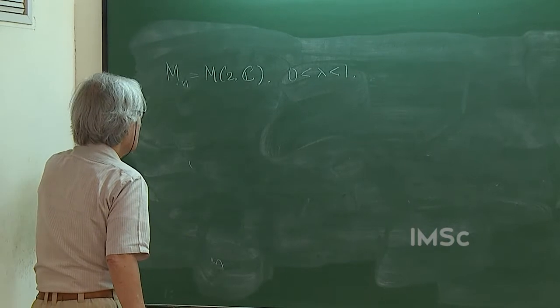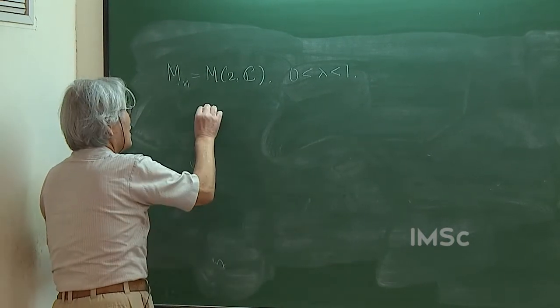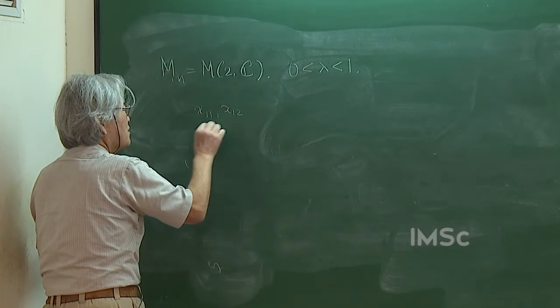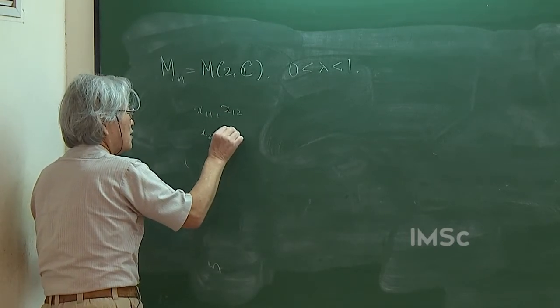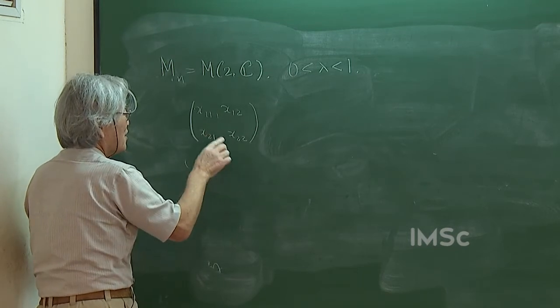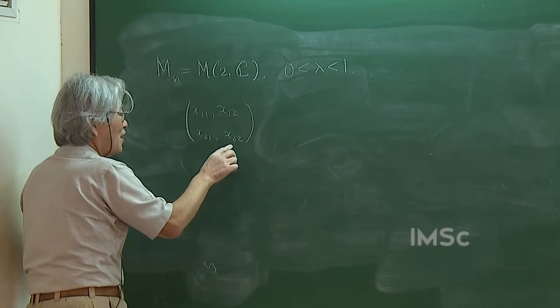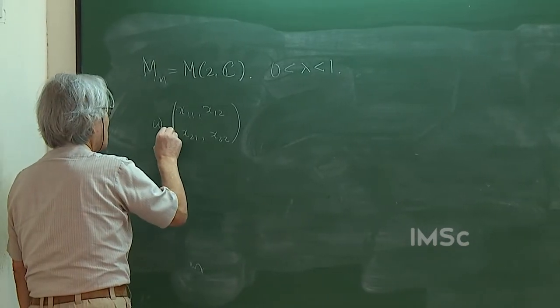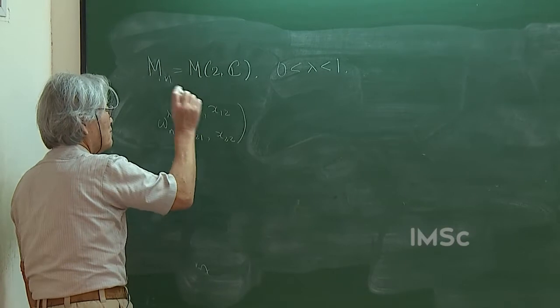And okay, the general element looks like here. However, unlike this morning's case, those x_ij are scalars. And I define a state on M_n, because lambda is involved.